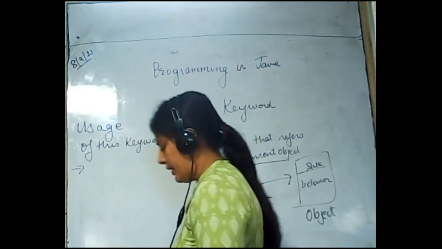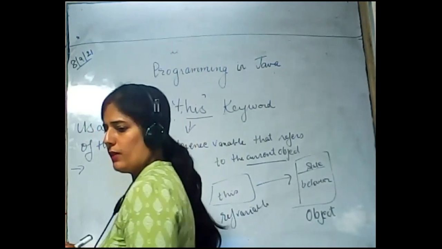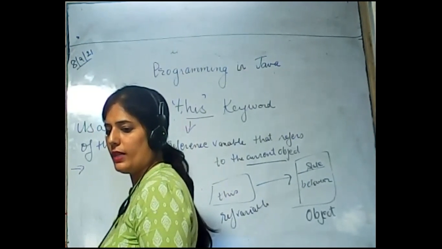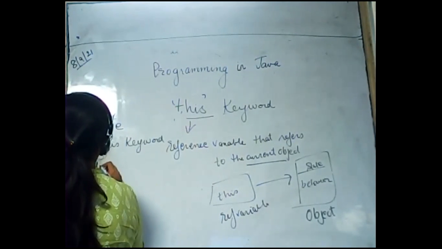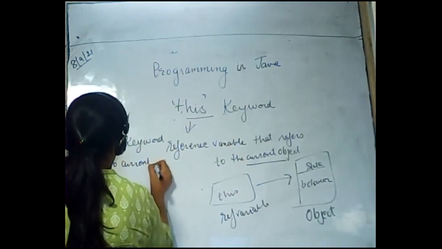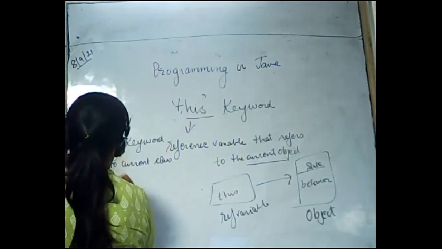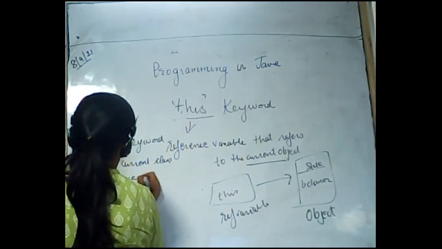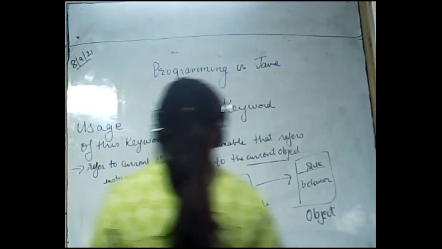Meanwhile, just understand why we use this keyword, or what the importance of this keyword is in Java. It can refer to the current class instance variable. This is its first usage.